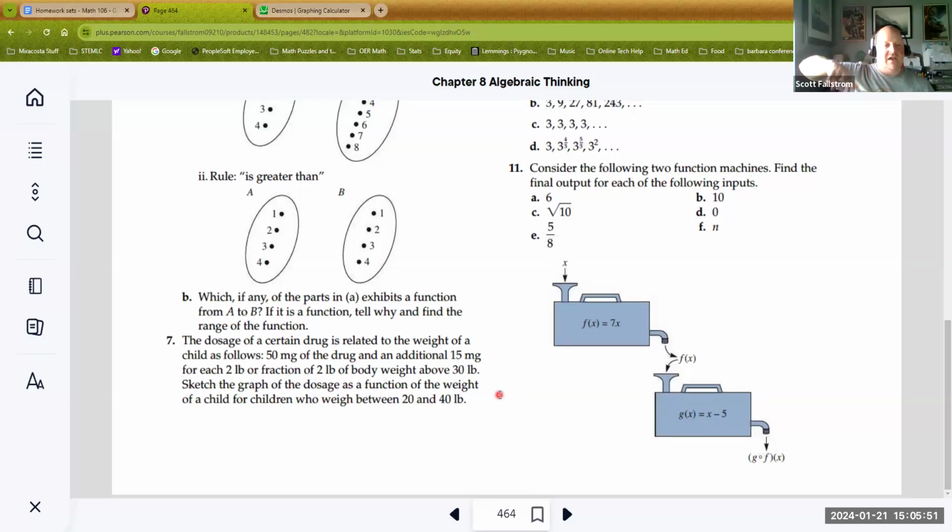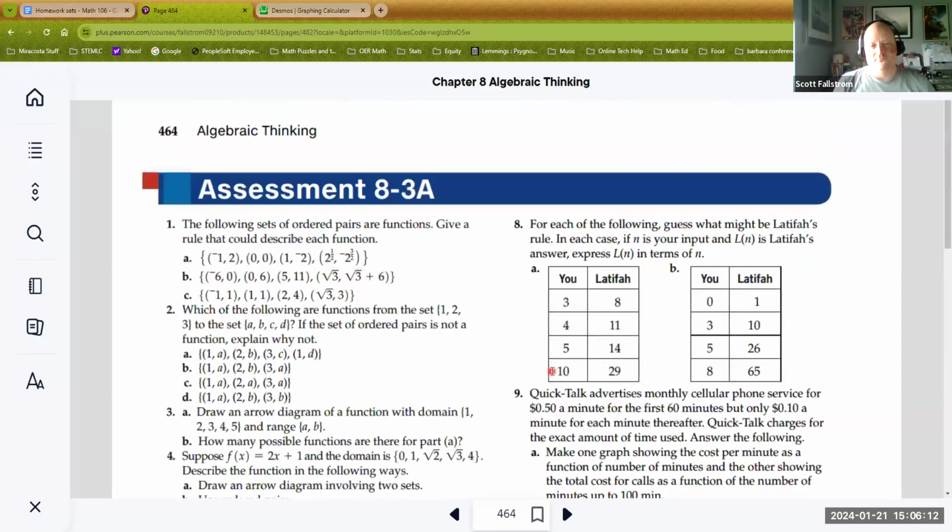So if, I don't know, if your baby is 11 pounds, right? Then for each 2 pounds, that would be 5 groups of that, right? Because 2, 2, 2, 2, and 2. So that's 5. Then for the next fraction of 2 pounds, even if you have a little bit left over, you have to count it as the next one. So you get an extra 15 milligrams as well.